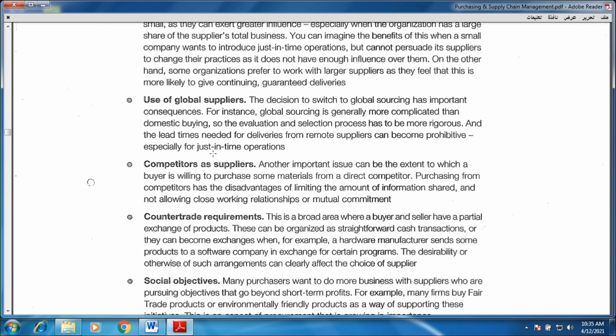Another criterion to be considered, other than the scorecard, or to be added to the scorecard, is the use of global suppliers. Sometimes the decision switches to global sourcing suppliers, who have a little bit lower scores than other domestic suppliers, because our board of directors is guiding us to purchase from global suppliers.